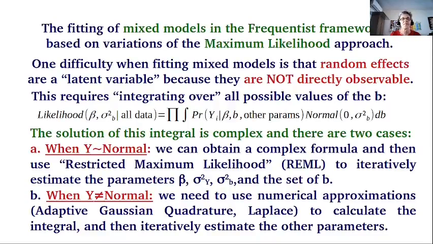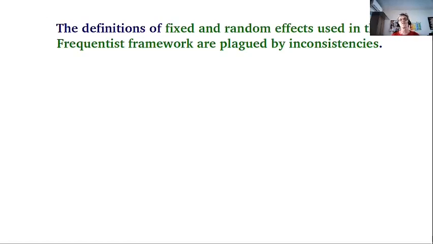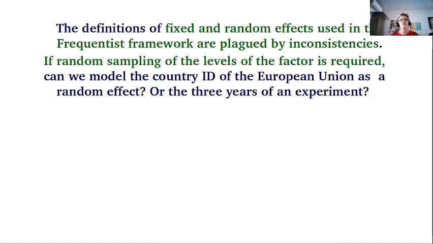The definitions of mixed and random effects that are used in the Frequentist framework are plagued by many inconsistencies. For instance, one is that random sampling of the levels of the factor modeled as random effects is required.